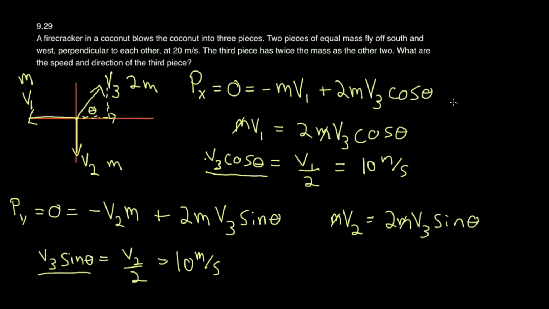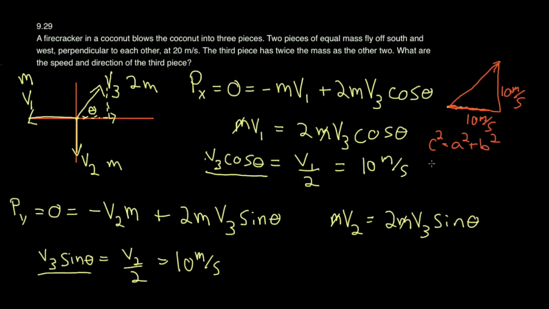And so I'm going to redraw a triangle over here so you can see better what's going on and change colors too. So we have our x component and we have our y component. And if we want to find the magnitude of it, all we have to do is use the Pythagorean theorem, right? We know this is 10 meters per second, my x component. We know this is 10 meters per second, that's my y component. And so to get that, all we do is c squared is equal to a squared plus b squared, right?